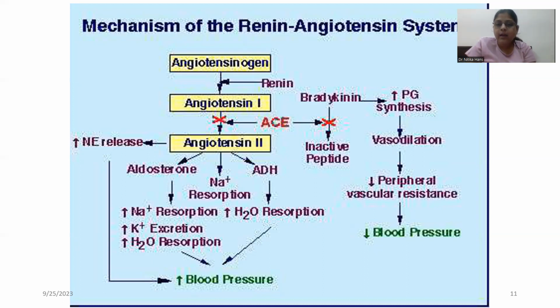And bradykinin gets converted to an inactive peptide by the angiotensin converting enzyme. When we give angiotensin converting enzyme inhibitors, bradykinin levels will increase in the body. So it will lead to increased prostaglandin synthesis, leading to vasodilatation, leading to decreased peripheral vascular resistance, leading to decreased blood pressure.